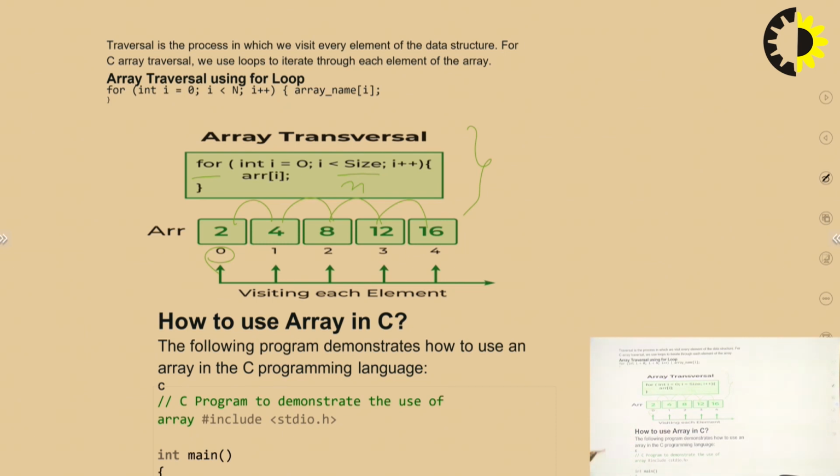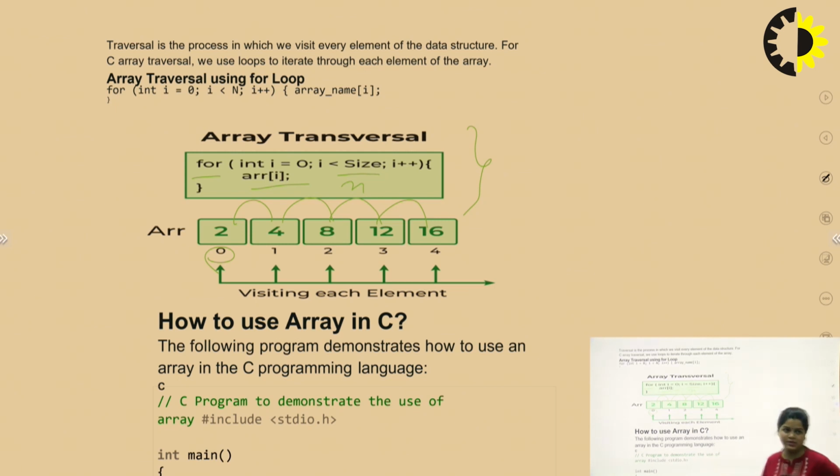Now if you have visited and want to print them on the screen also, then you can use this same statement with the help of a printing statement of an array, right?